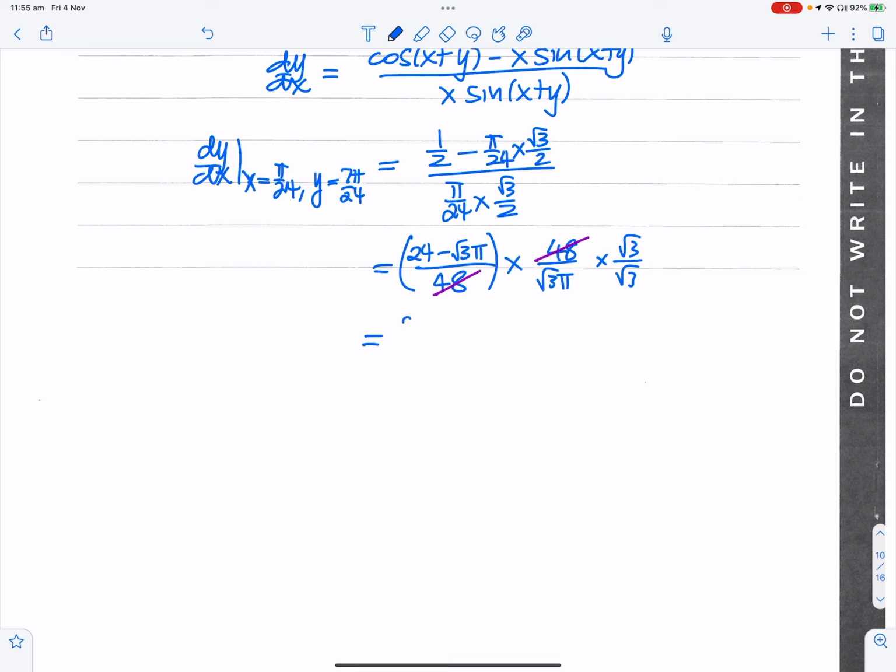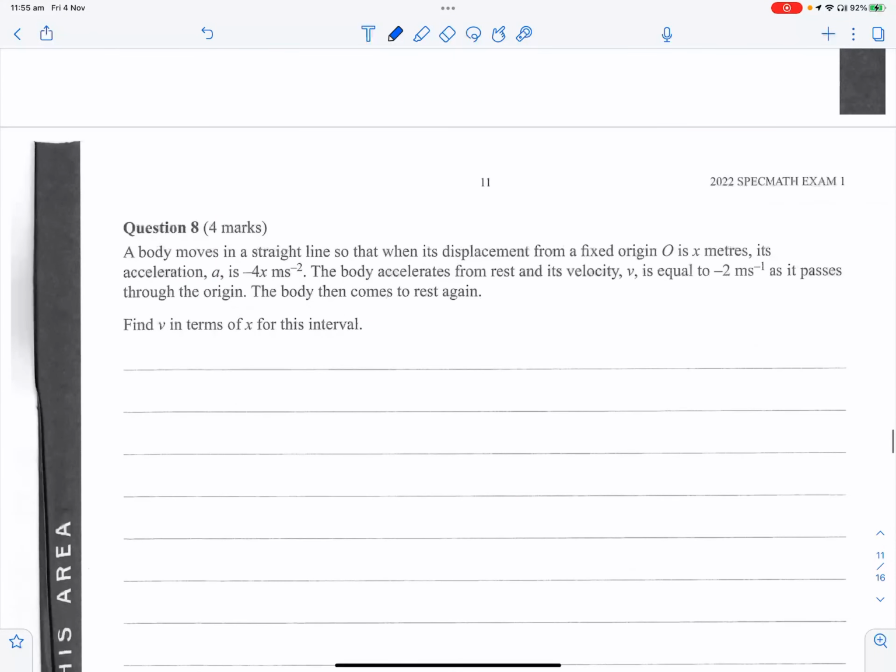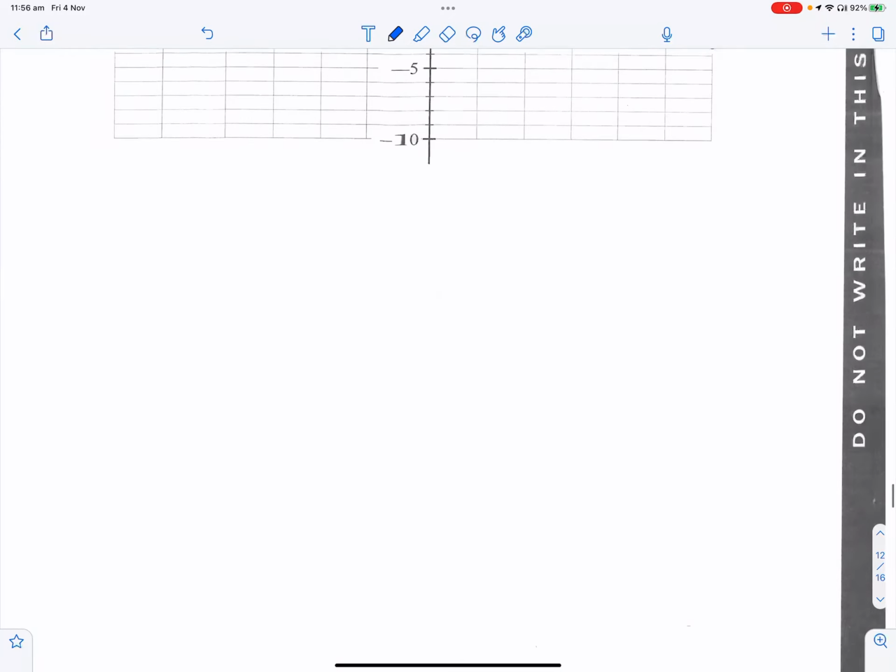We would get 24 root 3 minus 3 pi on 3 pi. If we divide 3 by 3, we get 8 root 3 minus pi on pi. That was a bit of a doozy, but not too bad. Still 3 questions left.